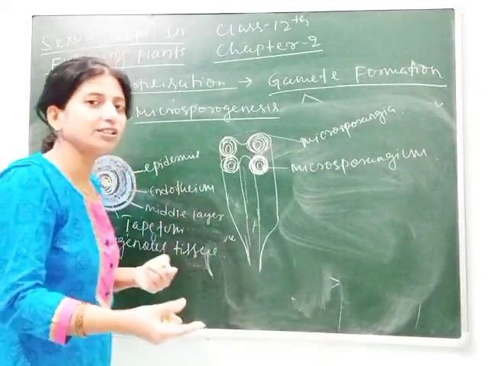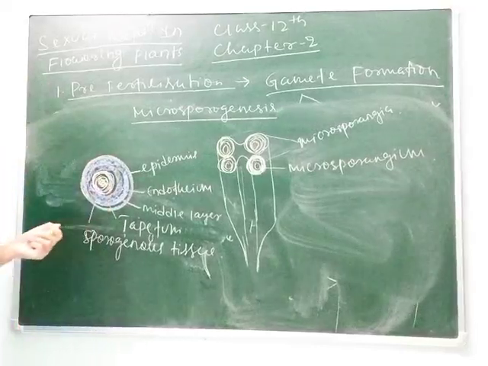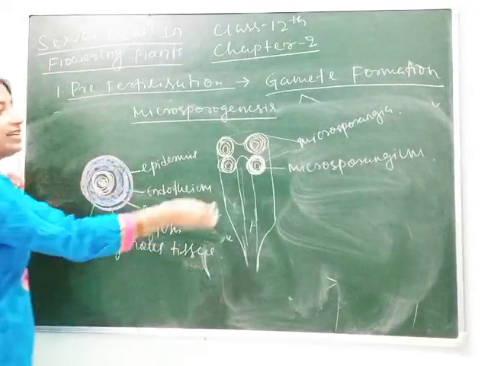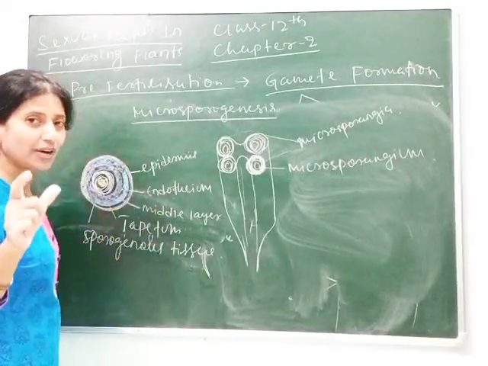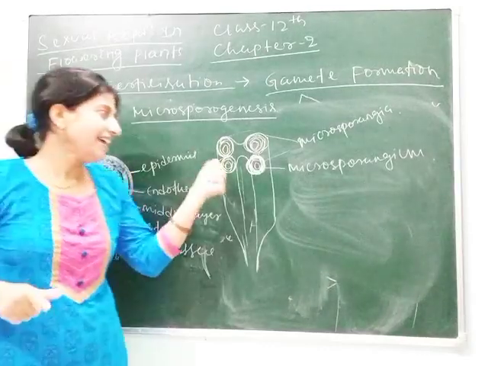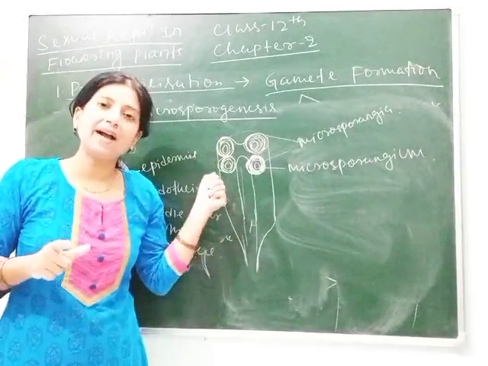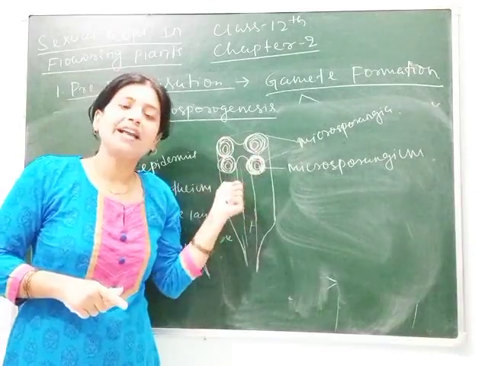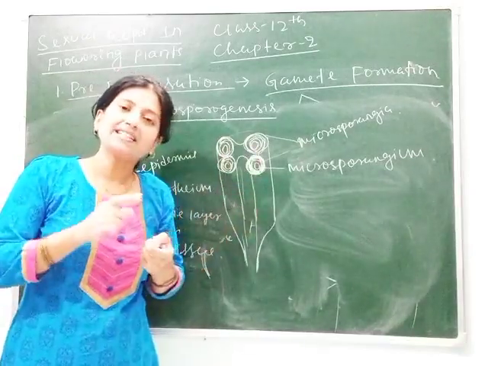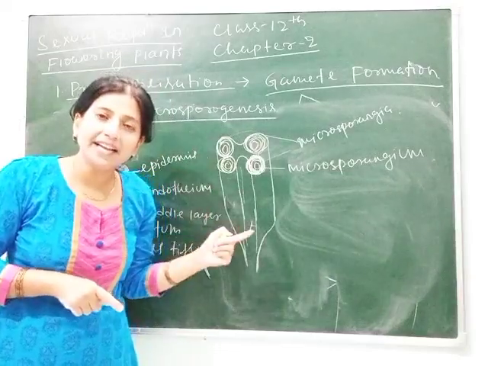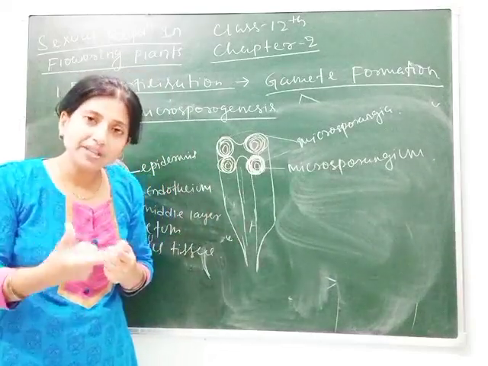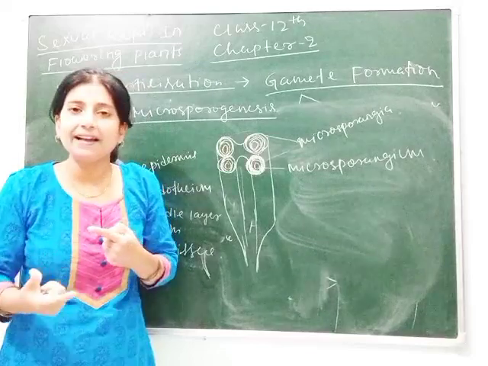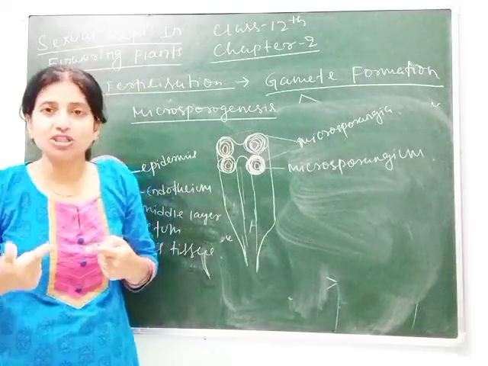We will study it in detail through the diagram. You just try to understand here what a microsporangium contains. An angiospermic anther is bilobed and dithecous. Each theca is called a microsporangium, and a single microsporangium contains epidermis, endothecium, middle layer, tapetum and sporogenous tissue.